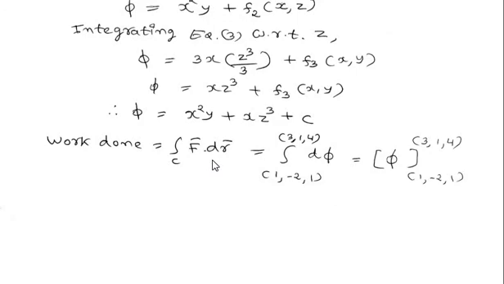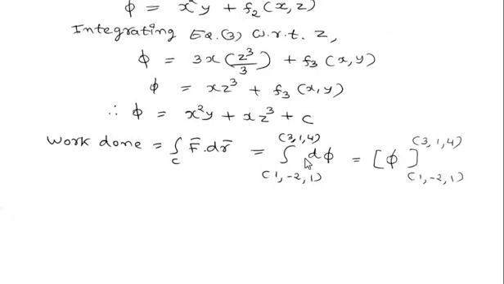In the theory we have shown that the integral of F bar dot dr bar along the given curve C equals d phi. And here we have to integrate d phi from (1, −2, 1) to (3, 1, 4).